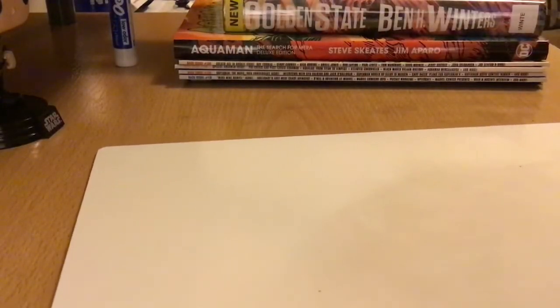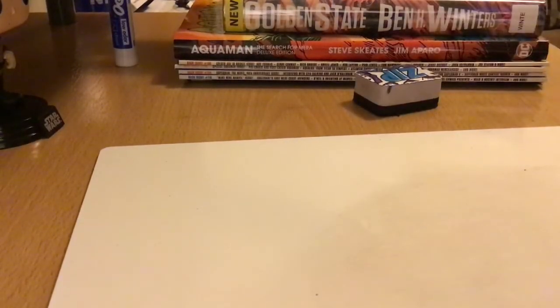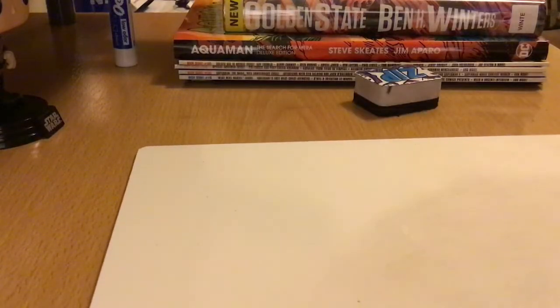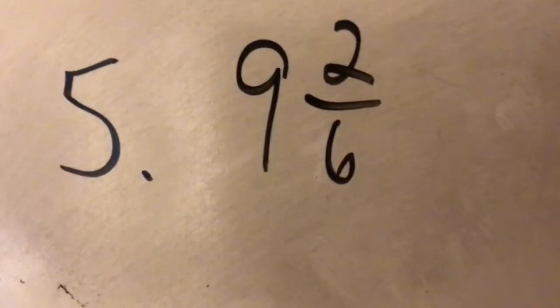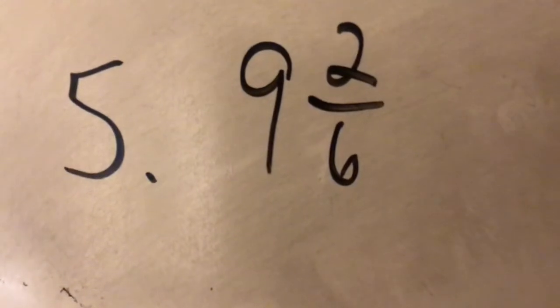Okay, 2 more to go, and then we're there. You're going to keep track of this piece of paper here so that we can look at it later. Make sure that you have these. All right, here's number 5, 9 and 2/6. And yep, I know that that fraction can be reduced, but what I want you to do is go ahead and do this as the improper fraction right now, okay?